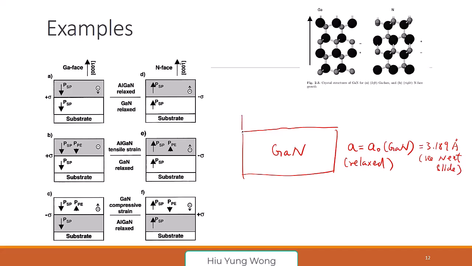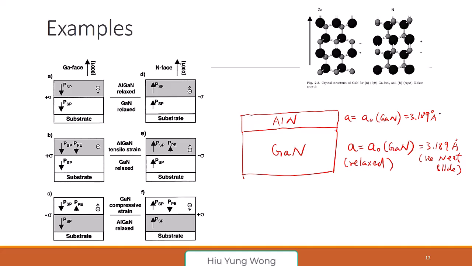Now, what if I deposit aluminum nitride on top of it? The A now is still the A0 of gallium nitride because when I grow it, I need to match the lattice. I don't want to have any defect. I want to align them perfectly. So it is 3.189 angstrom.